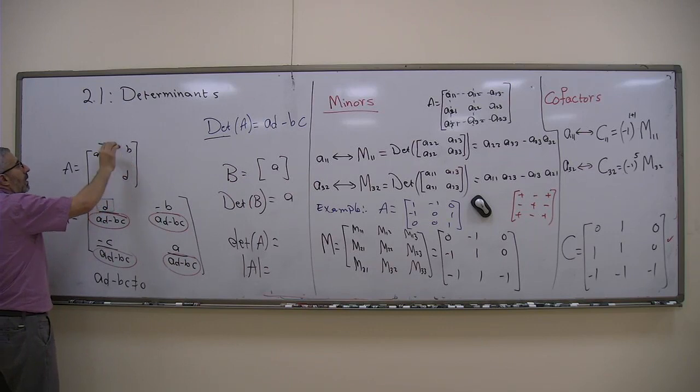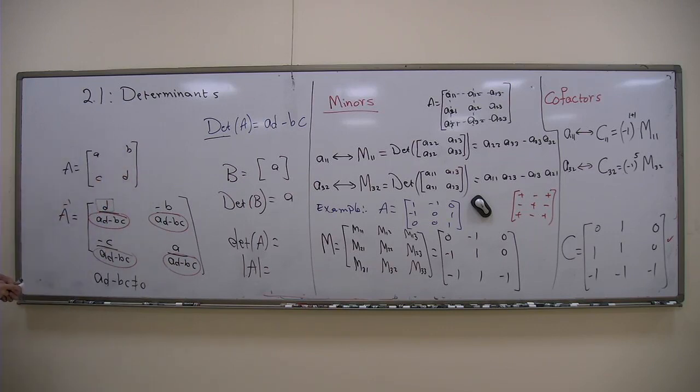You cover this, and what is left here is C, correct? And the minor of this, you cover this, what is left is B, okay? Let me double check here.